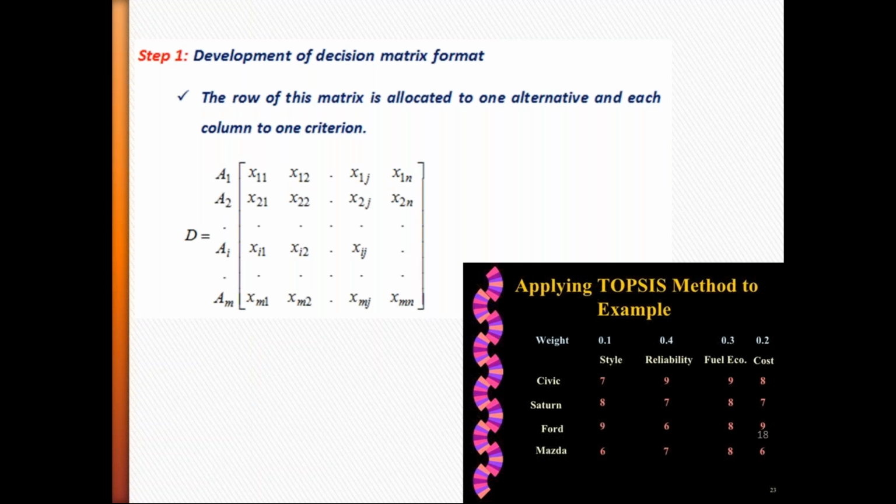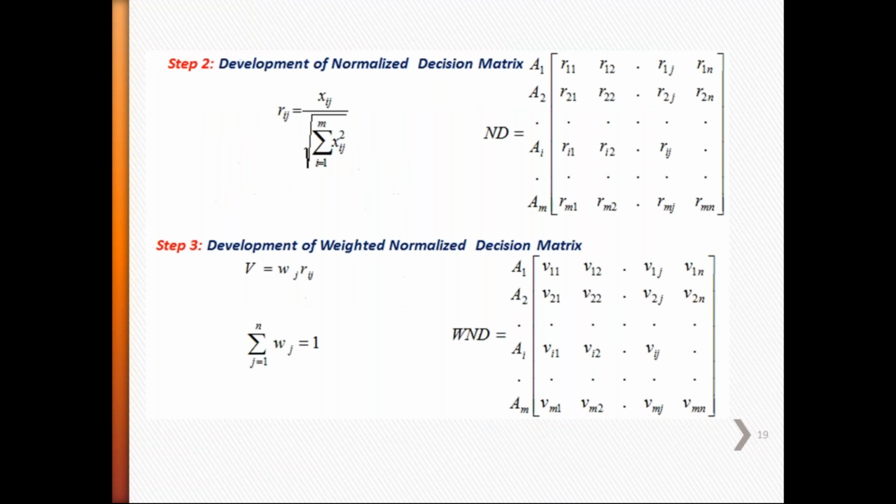Understand? The particular value divided by the square root of the sum of squares of all entities in that particular column. So that is the vector normalization equation.